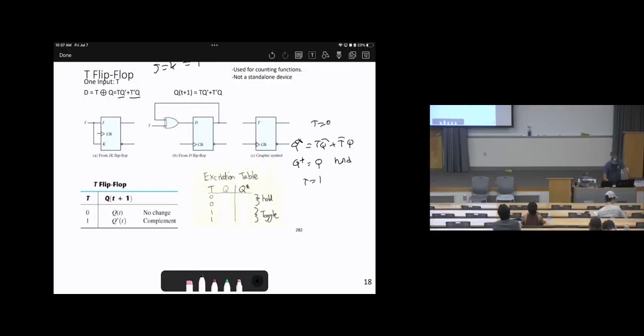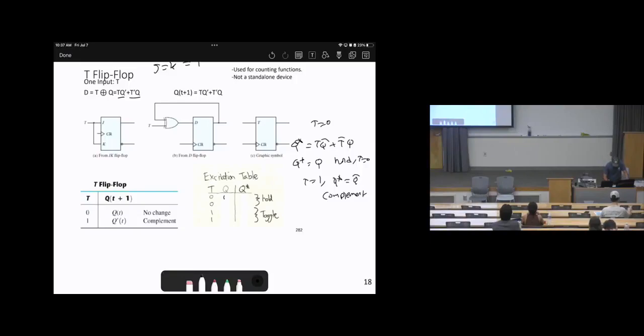If T equals 1, then Q star will equal Q bar, which is in complement mode. So we don't have set or reset mode. We have either hold or complement.